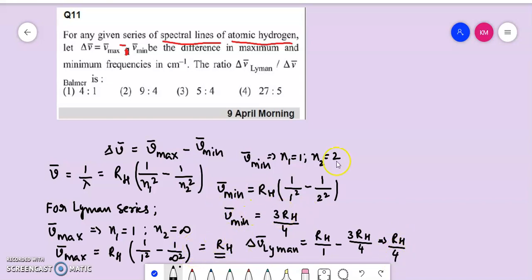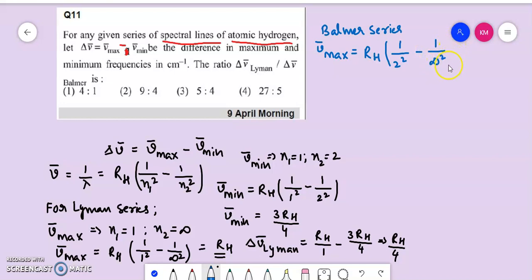This is for Lyman. Now let's move on to the Balmer series. First, nu bar maximum is RH of 1 by 2 square minus, maximum it can go to infinite level, which in turn gives RH by 4.